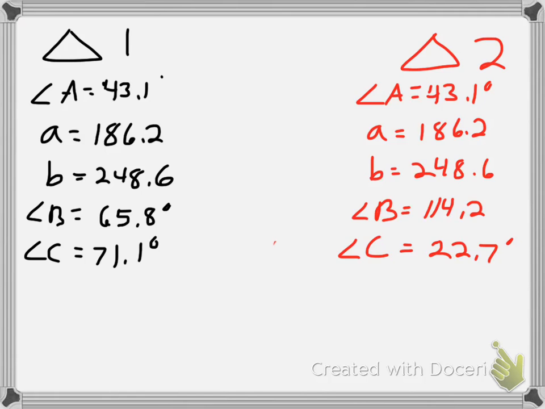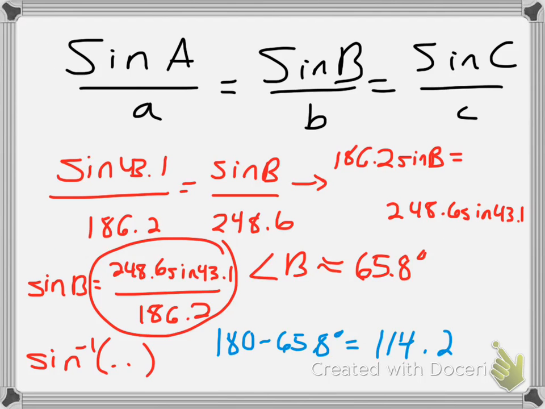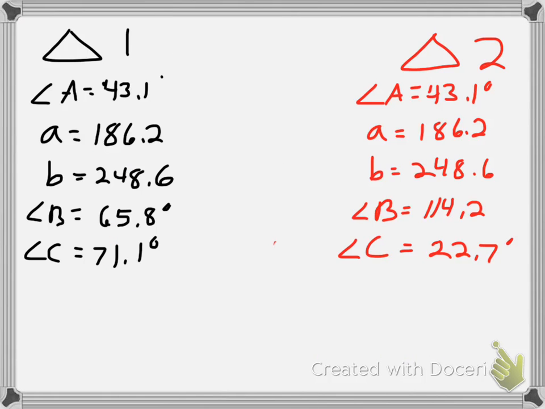So these are the two possibilities that I have now. And again, it all came from the fact that I started with a side-side-angle setup. I test for my ambiguous case. Since in my second triangle, A and B add to less than 180, I have to finish that triangle. And to find side C, I still apply my law of sines.